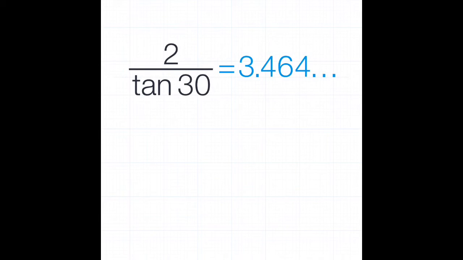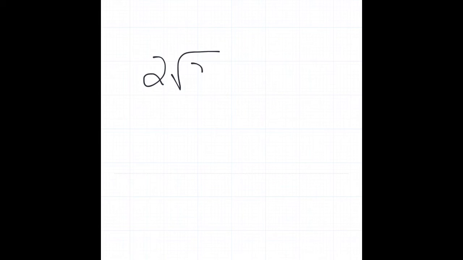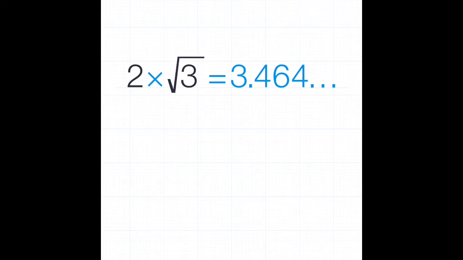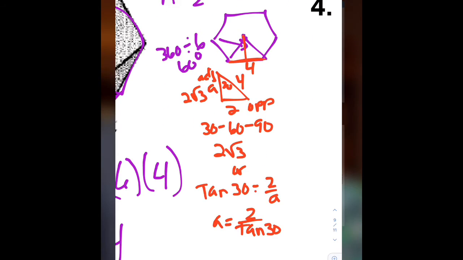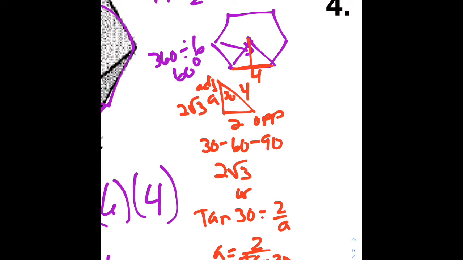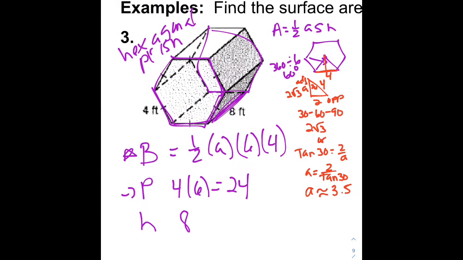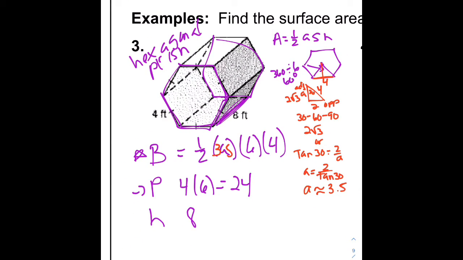Actually 3.5 when we round. Please note that 2 radical 3, if you did it by 30, 60, 90 triangles, is also 3.5. All right, so regardless of how you do it, A is approximately 3.5, so that's going to go in for my apothem.